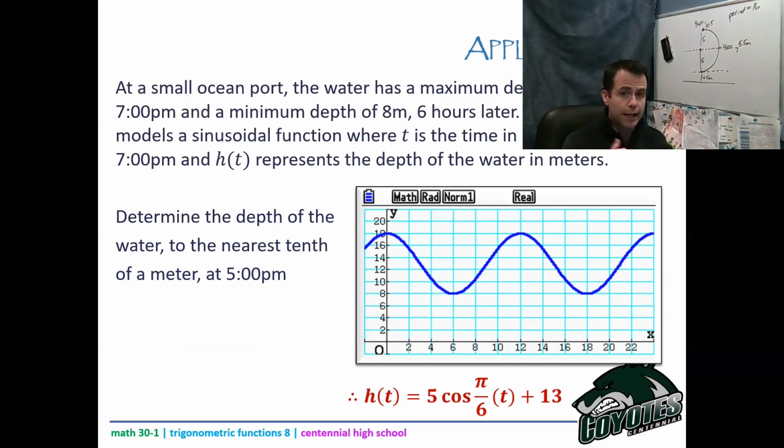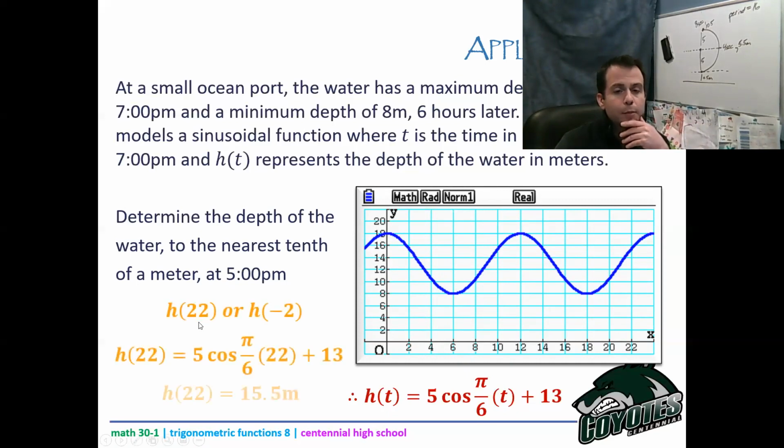I'm hoping you're yelling an answer at me at the moment, but I could go -2 because it's 2 hours before 7 p.m. Or I could say 22 because it's 22 hours after 7 p.m. So both of those would work. Both of those would give you the exact same answer. Now that's a t value. So I could use my calculator or I could just plug it in and solve. Either way, you should end up with an answer of 15.5 meters for the height at 5 p.m.